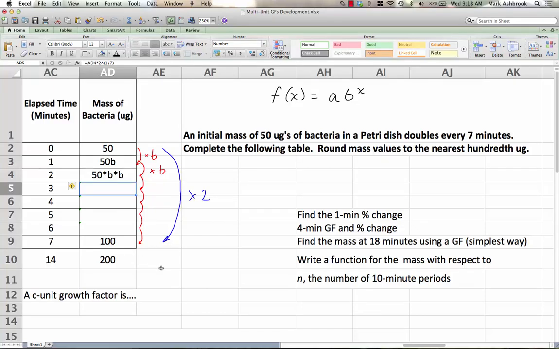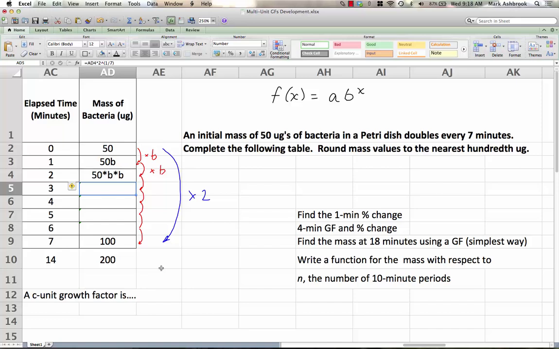What else could we say is a way to get that mass of 100 from the mass of 50? I know Danny knows. How about this Nick right here? Do you know the second way? So we can multiply by 2 to get from 50 to 100, but then we could also do what? You can also locate the growth factor.